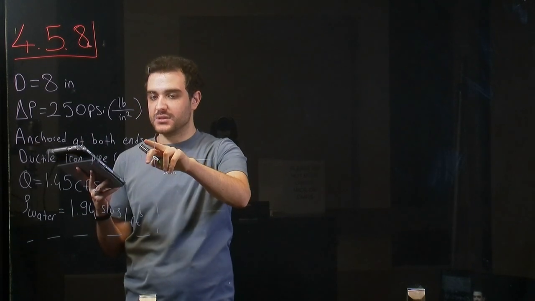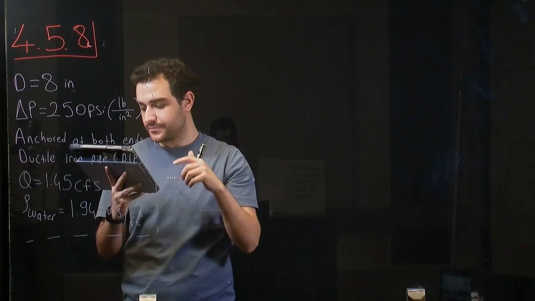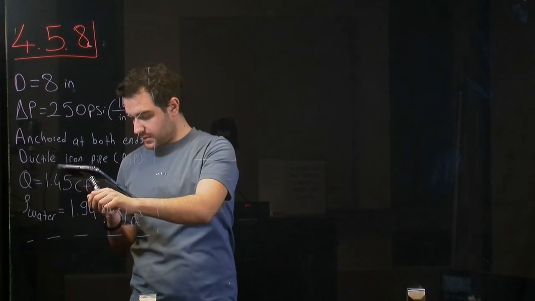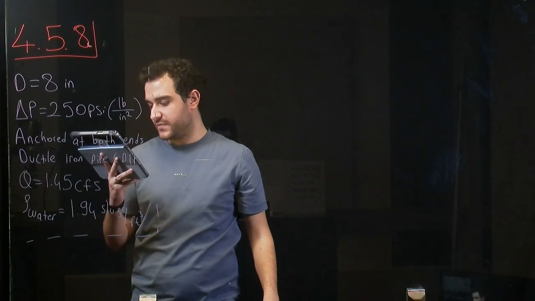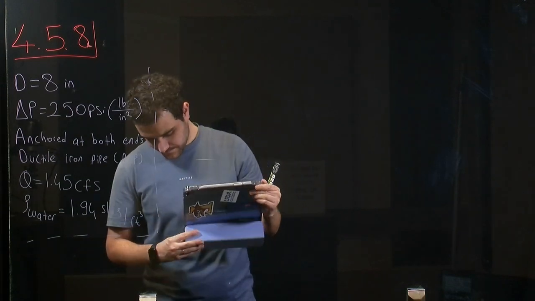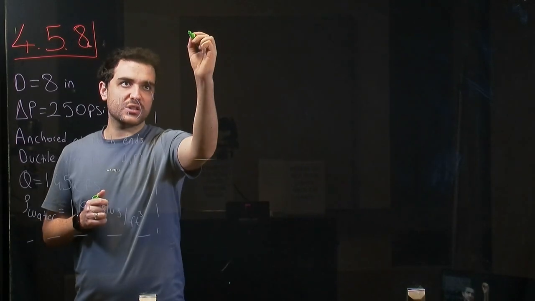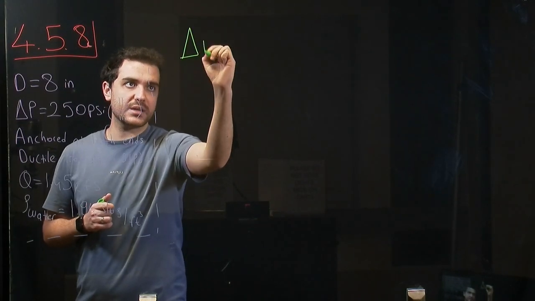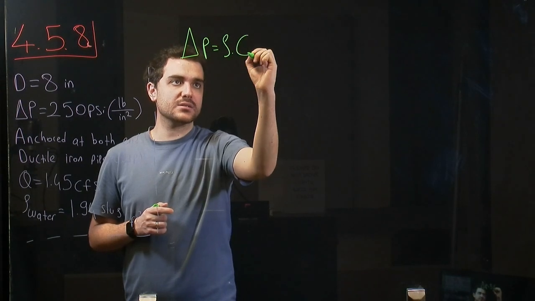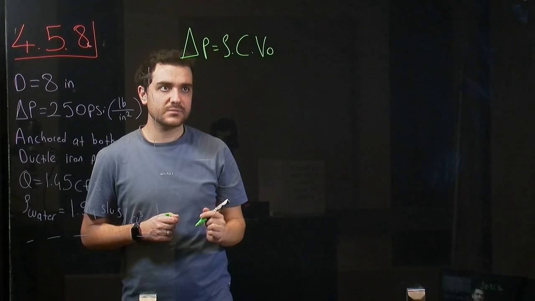This is important to calculate the constant K value, and the design flow rate is 1.45 cubic feet per second. Again, we know that water hammer pressure is delta P, which is density times speed of wave times initial velocity.